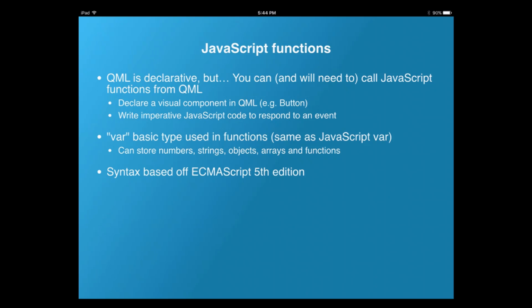So you know that you have access to Object, Array, Math, Date, just to name a few objects, as well as functions such as console.log. For more information on anything that QML supports, you can go to this website, and it should give you a pretty good tour of everything that is currently supported.